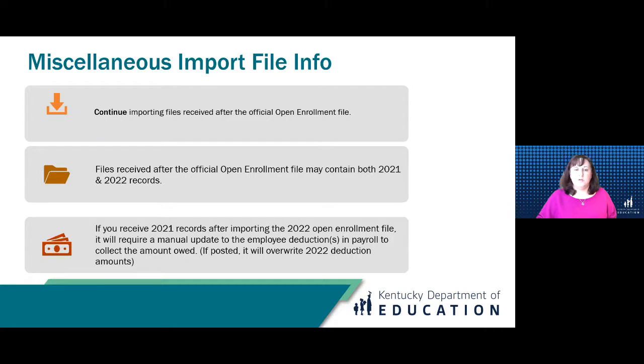So if you had any 2021 records after importing the 2022 open enrollment file, you'll probably need to address those manually, because if you go through the process of importing that fully into the Kentucky Employee Benefits Program and updating deductions, the 2021 record may take precedence over the 2022 record, and the employee may not have the correct 2022 deduction amount. So if you receive 2021 records after, just be on the lookout for those, and you may need to process that part manually.